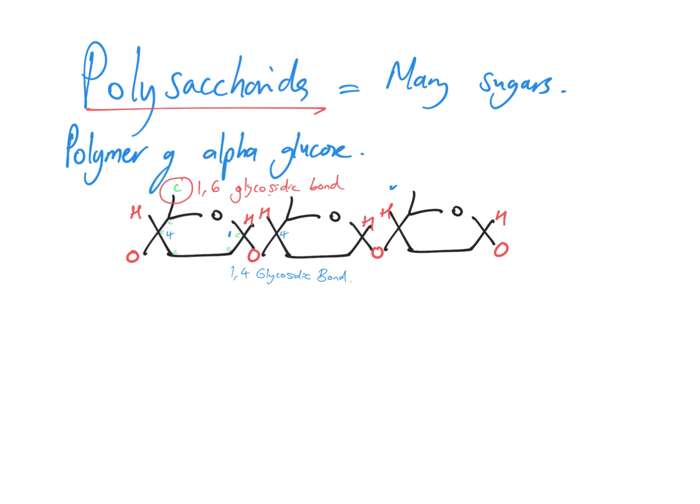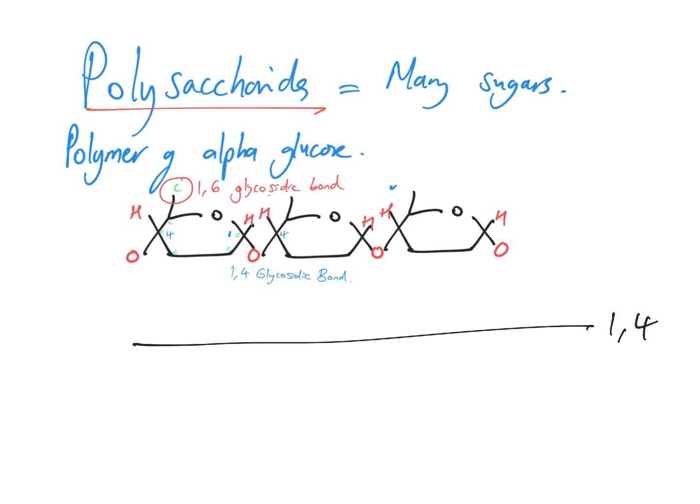Which means eventually I end up with a polymer of alpha glucose looking like this. So you've got your straight line there. I have a straight linear line of 1,4 glycosidic bonds. Make sense? That's just where they'd all bond in a straight line.